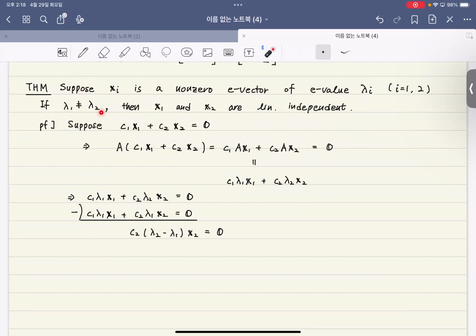Now this condition must kick in. Lambda 2 minus lambda 1 is clearly a non-zero number, and this is also a non-zero vector. Therefore, in order for this to be 0, the only possible option is that C2 has to be 0. So C2 equals 0, and C2 equals 0 implies C1 also must be 0.